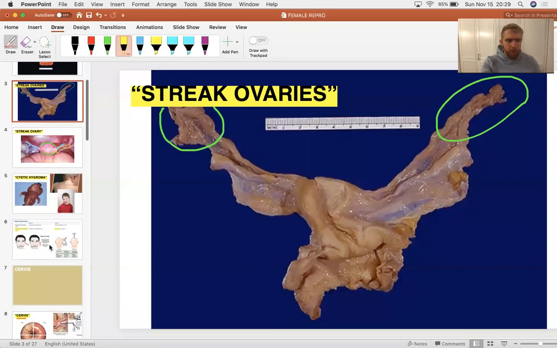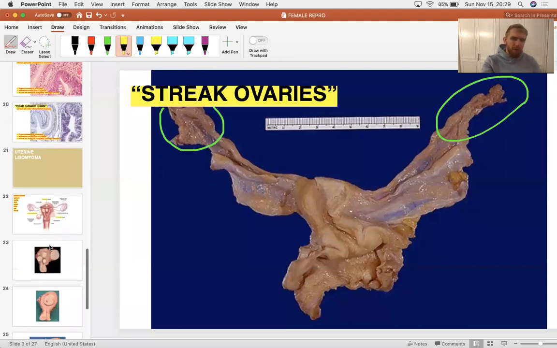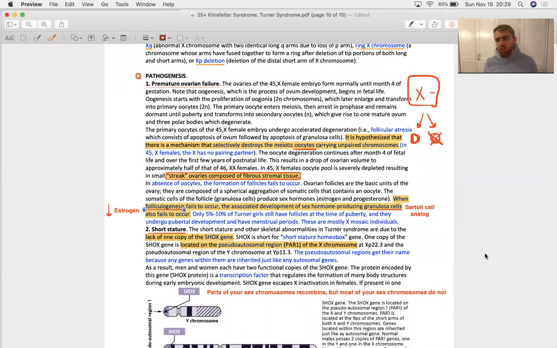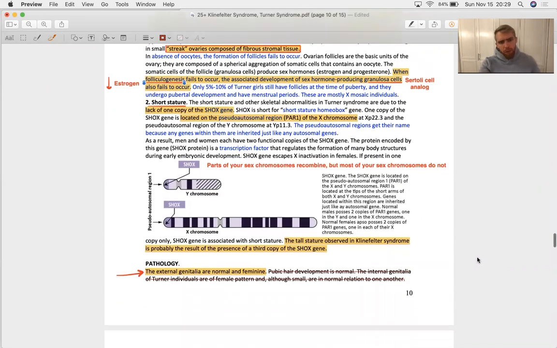So the granulosa cell is analogous to the Sertoli cell in men. And so understand the Sertoli cell takes testosterone and it's got aromatase, and so it can pop out estrogens. So if the granulosa cell is doing the same thing in women, then that's going to lead to a decreased estrogen content if you don't have those granulosa cells. So that's the ovarian failure.